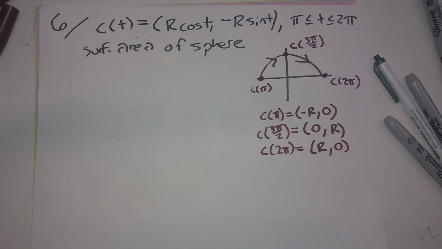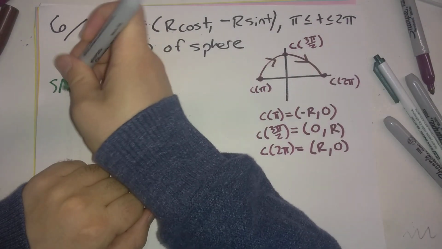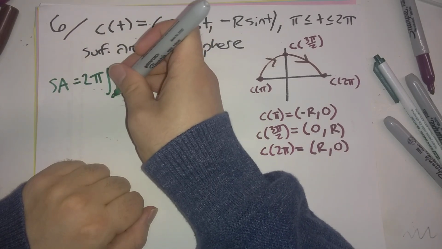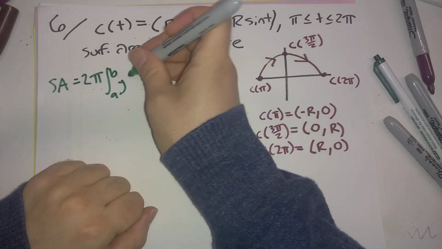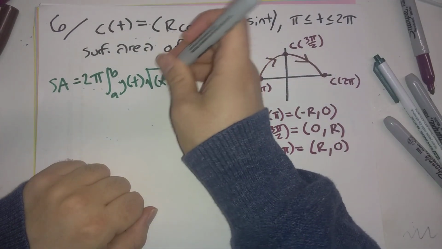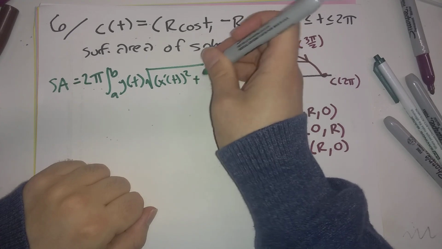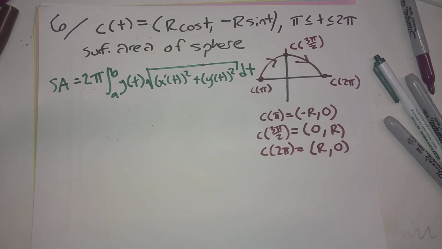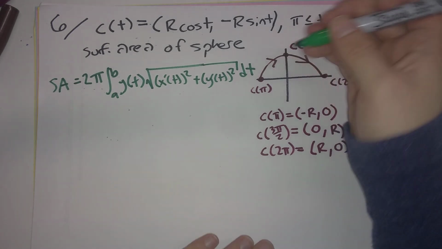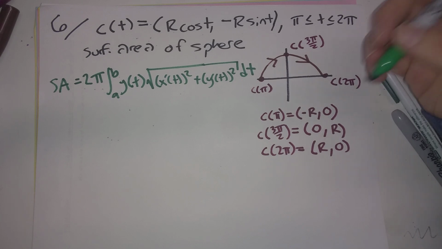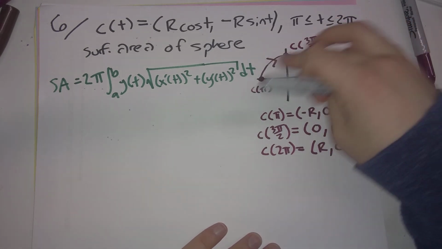We're going to need our surface area formula. Let me copy that down for us. So surface area is equal to 2 pi times the integral from a to b of y of t times the square root of x prime of t squared plus y prime of t squared dt. So what is this the surface area of? We're assuming that y of t is always greater than or equal to 0.